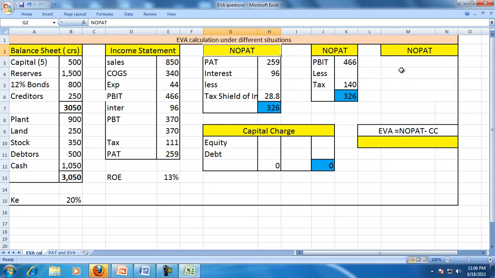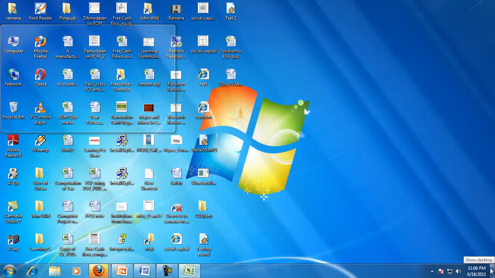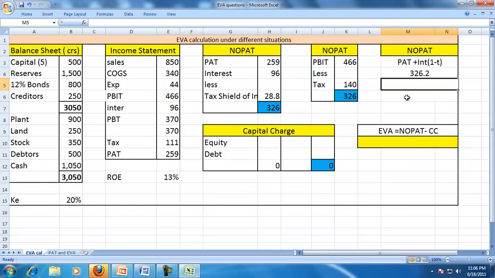To summarize the calculation, NOPAT is PAT plus interest into 1 minus T, which gives 326, or I can also calculate it as PBIT into 1 minus T, which we calculated here.